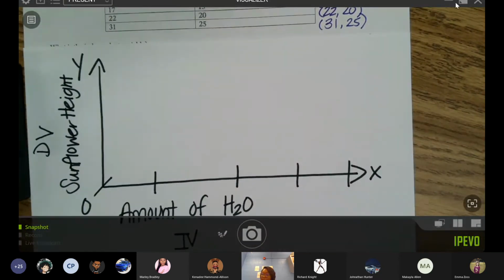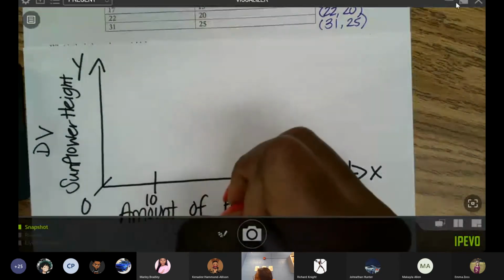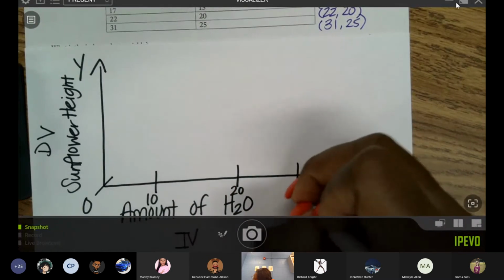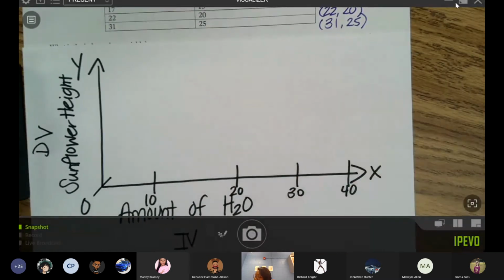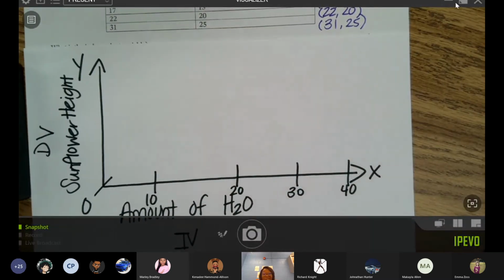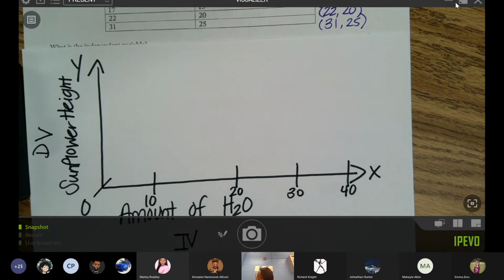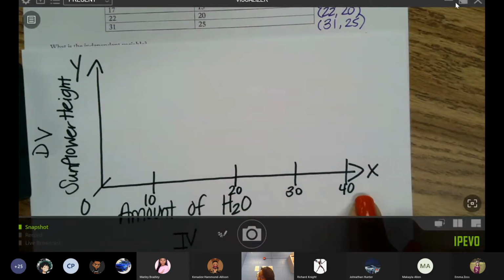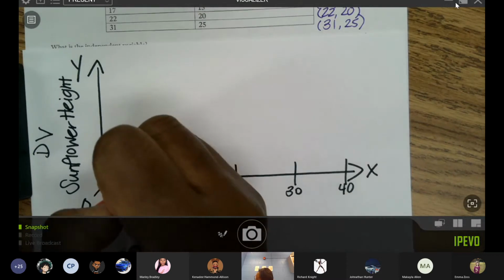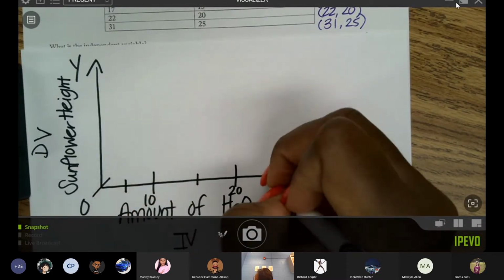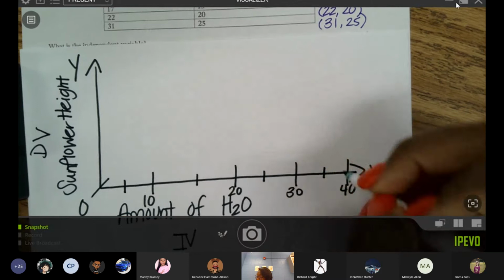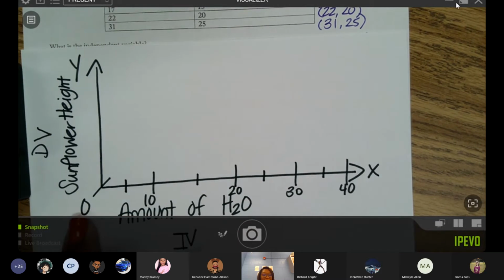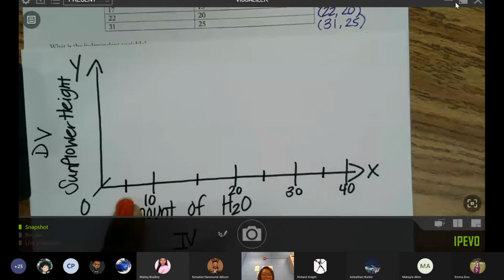Can I show you a trick? When we're making that number line, because that's what that is, it's just a number line, I put big tick marks here to represent intervals of 10, and I'm going to put half size in the middle of those. If this is 0 and this is 10, what is this? 5.